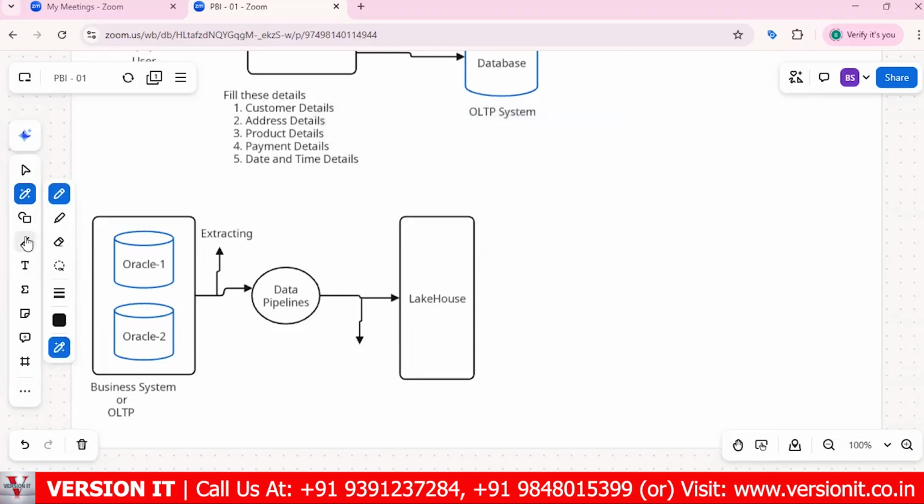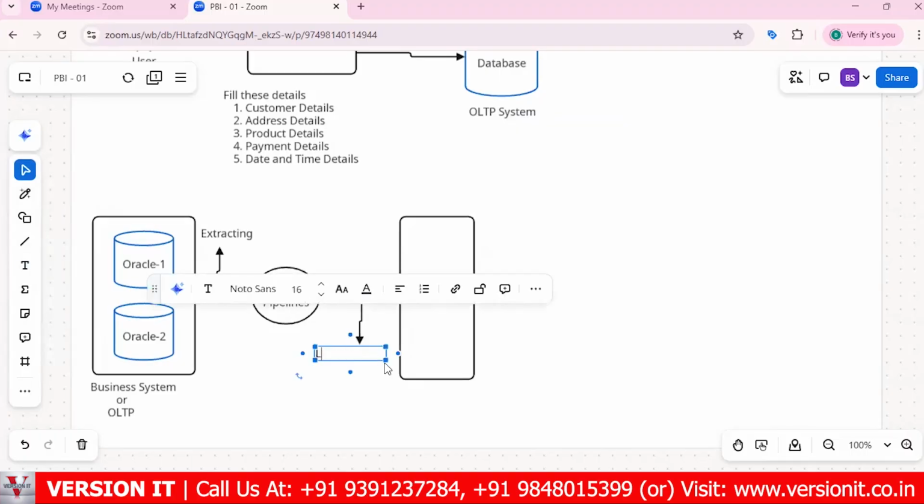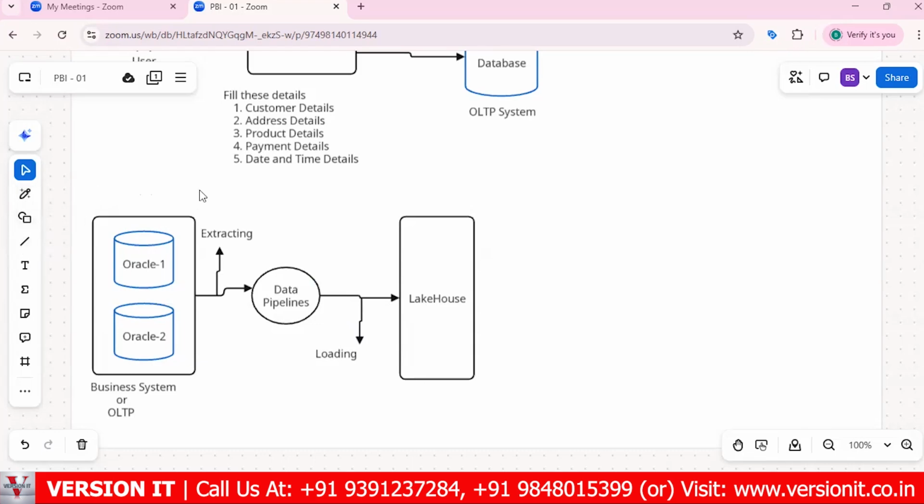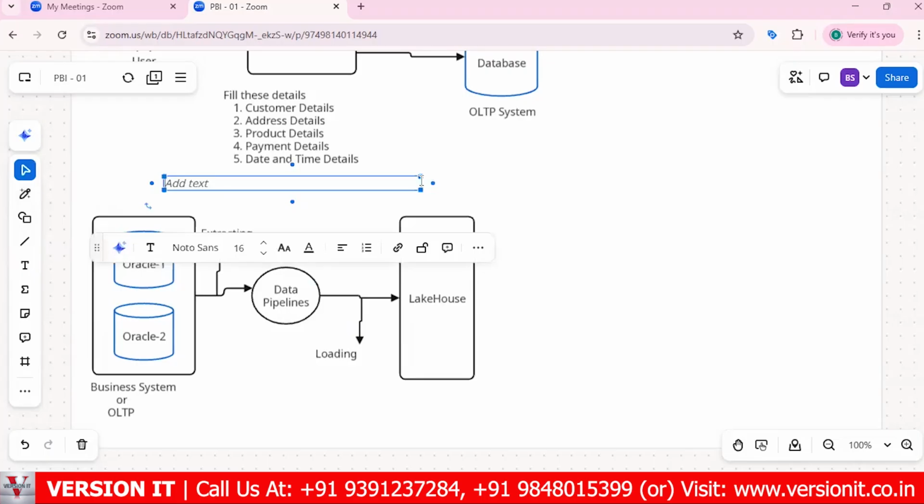The process of feeding the data into the target, I want to call loading. This entire process, we call data ingestion.